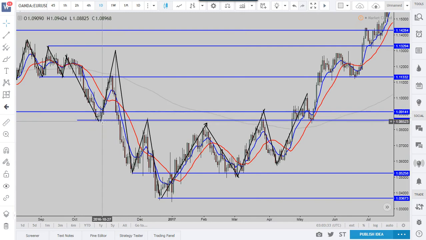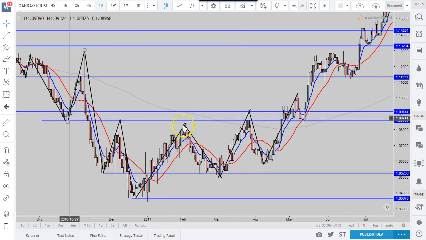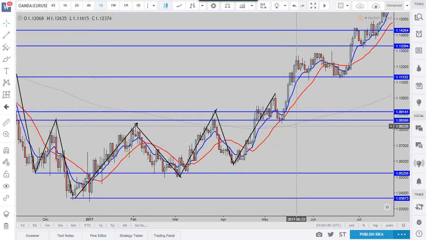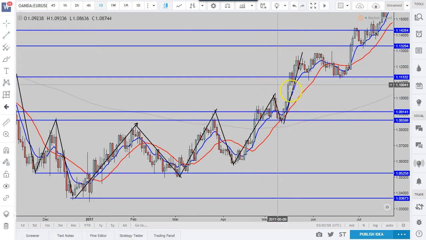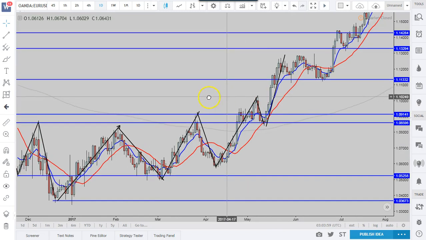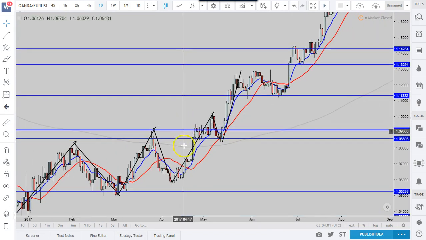My bad, yeah, testing our previous support, breaking the resistance, testing our previous support right here, and then we have a pullback, retail traders controlling the market, and the market makers coming into the market again and moving the market to the upside. Okay, clearing everyone who were inside the market at this point. And then we have a steady uptrend. Market pull back again.